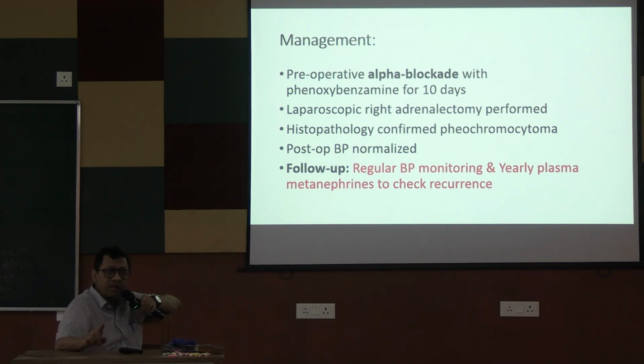The ultimate treatment is removal of the tumor, and in today's life this is most commonly done with laparoscopic adrenalectomy. The histopathology confirms the pheochromocytoma, postoperative BP gets normalized, and follow up is with regular BP monitoring and yearly plasma metanephrines to check recurrence.